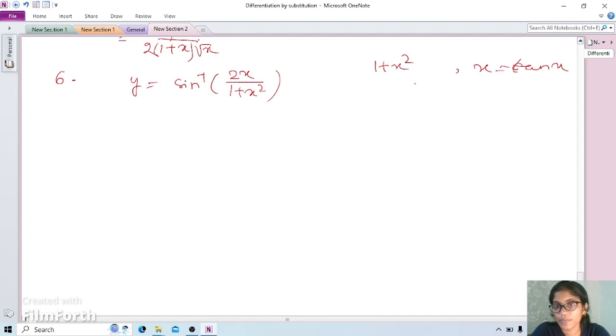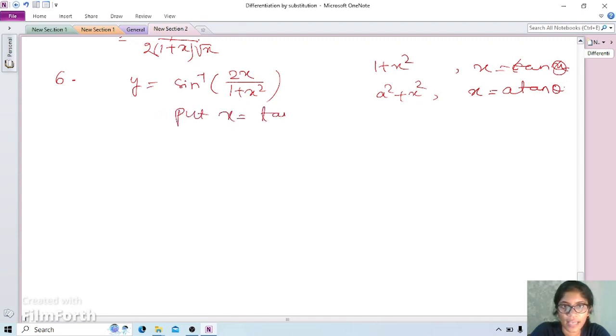Its under root divided by a, which equals sec inverse, taking a square common, which equals 1 plus tan square theta divided by a, under root.